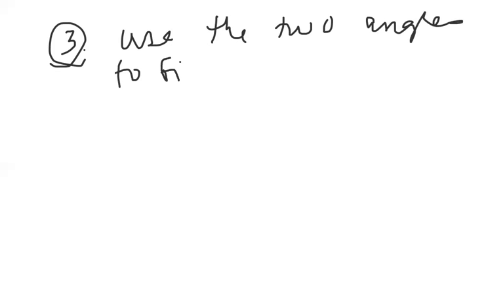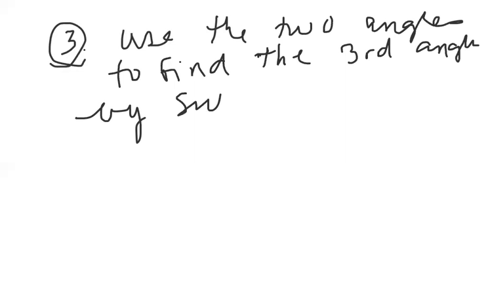So you're going to use the 2 angles, the ones that you've already found, to find the third angle by subtracting from 180. So you take those 2 angles and you go ahead and subtract them from 180 degrees, guys. And so just like that, you would be able to solve that oblique triangle, okay?